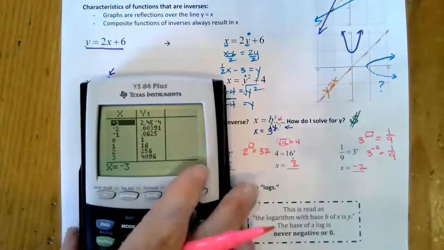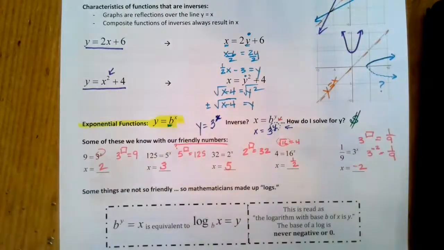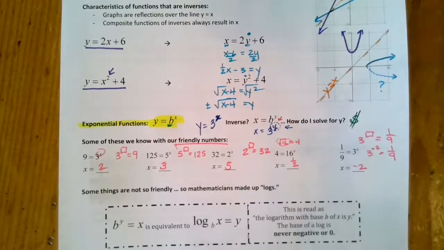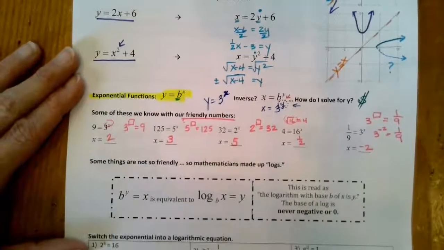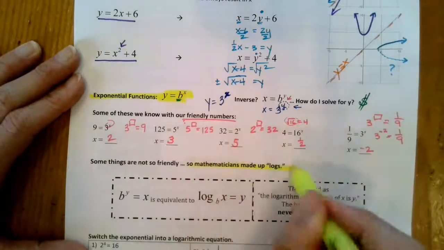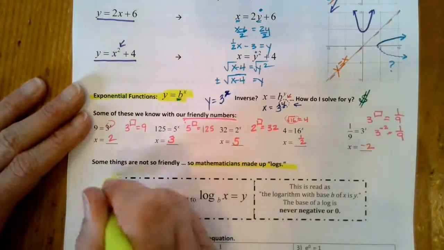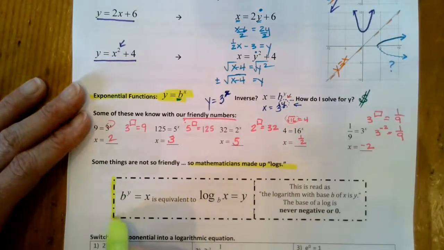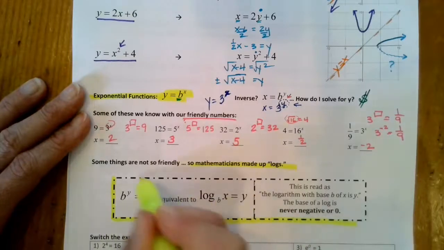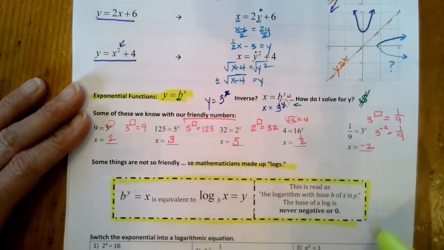Okay, so here's the deal. You're now sitting there thinking, okay, you do all those, but maybe I didn't. So what we need is a plan for when things are not quite so friendly. So mathematicians made up something called a logarithm, or for short, we call it logs. And here's the rule. If I have b to the y is equal to x, I can rewrite that as the log base b of x is equal to y.